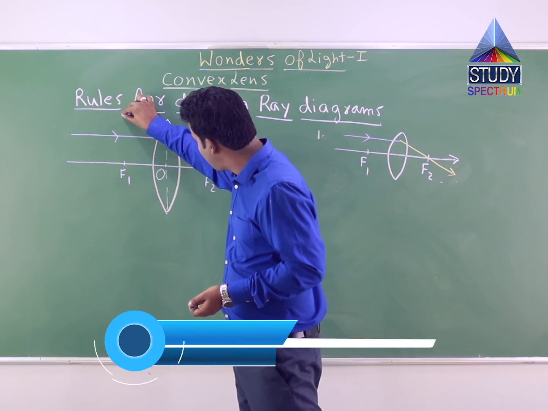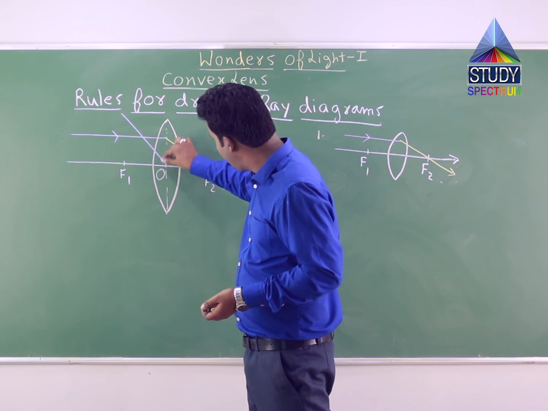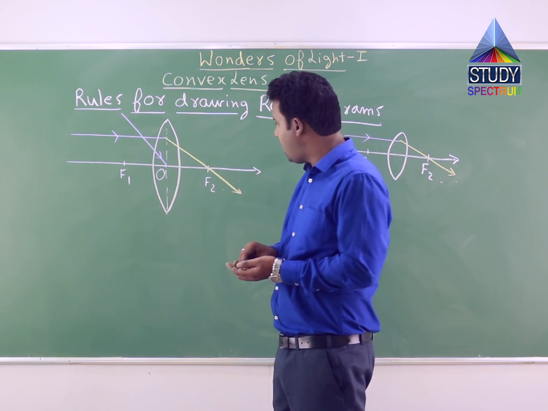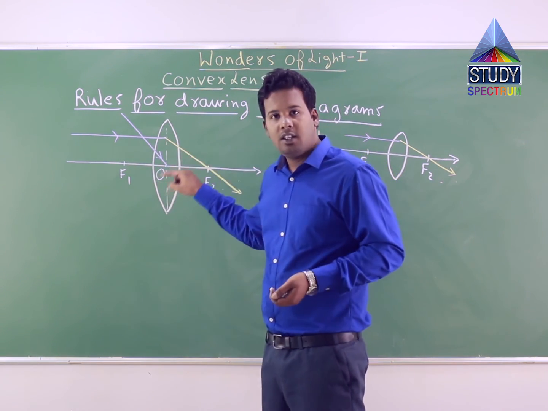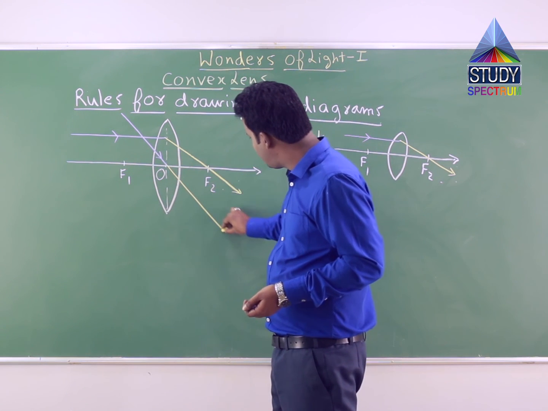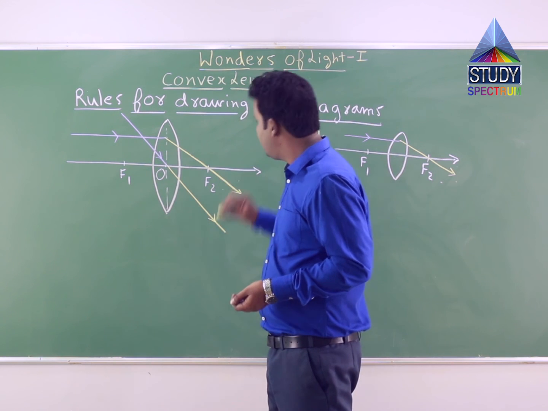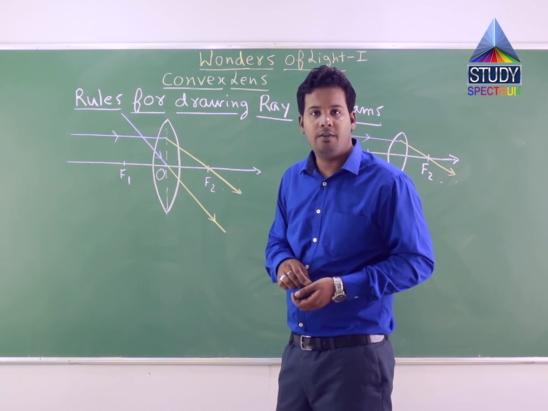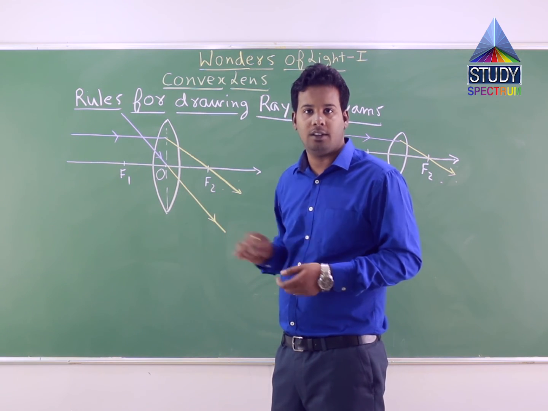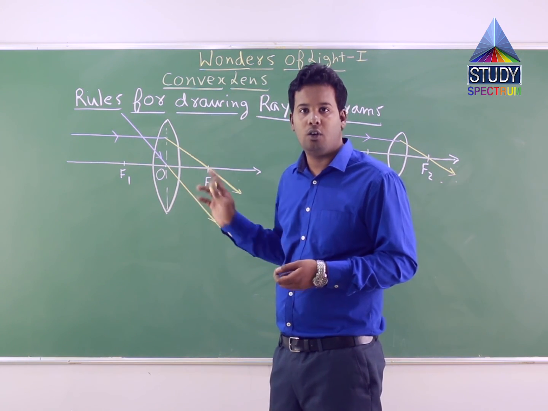If suppose this is your incident ray, then since it is passing through optical center, it will not undergo refraction and will pass through this lens without any bending, without any deviation from its path. That is rule number 2.